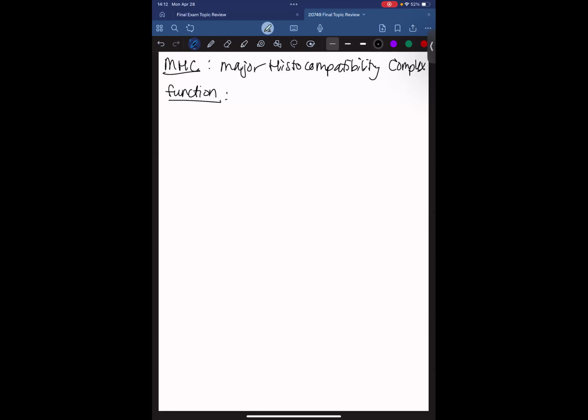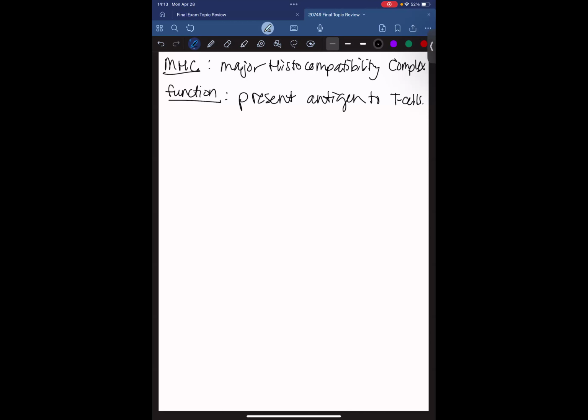MHC is a very general molecule. It doesn't have a specific interaction. I don't care what antigen you are at all. But what MHC does, no matter what kind of MHC, it doesn't matter, all MHCs present antigen to T cells, period. That's what MHC does. That's its function, is to present antigen to T cells.